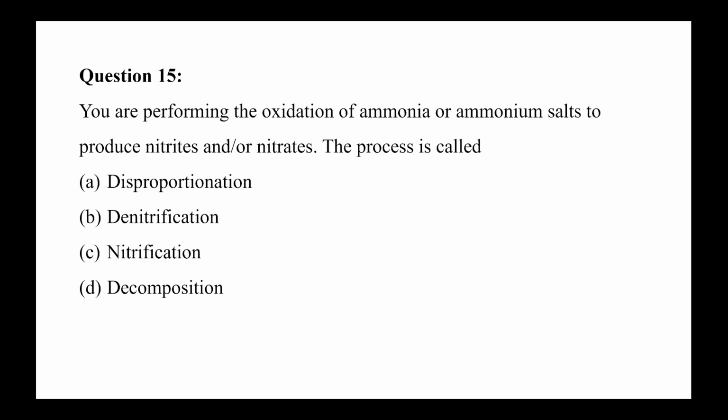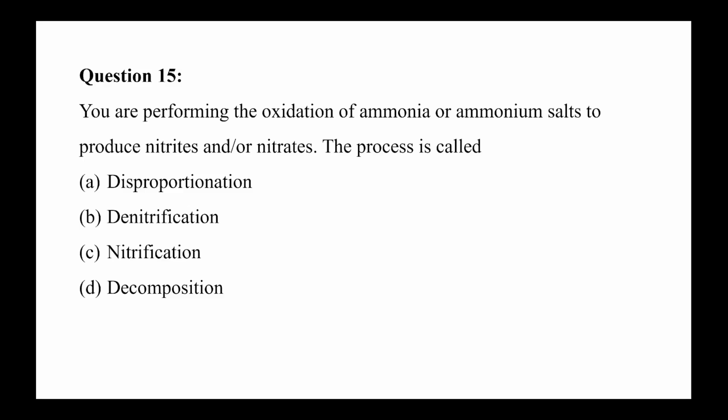Moving on to the next question, question number 15. You are performing the oxidation of ammonia or ammonium salts to produce nitrites or nitrates. This process is called option A, disproportionation, option B, denitrification, option C, nitrification, and option D, decomposition.